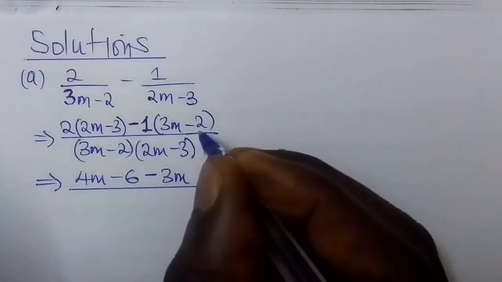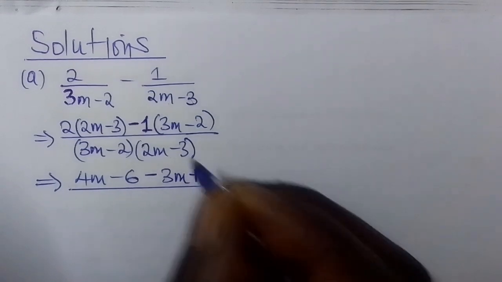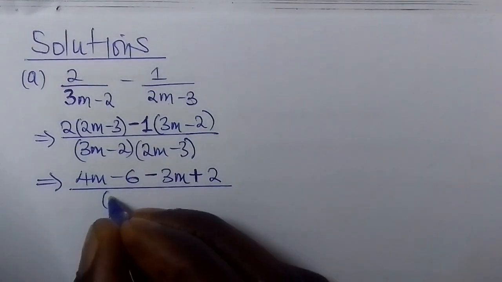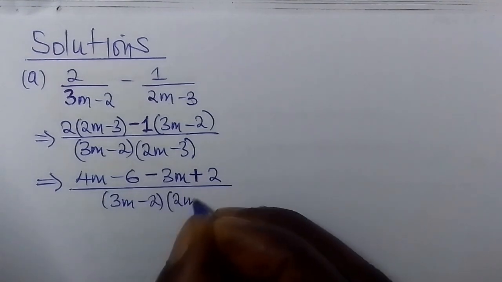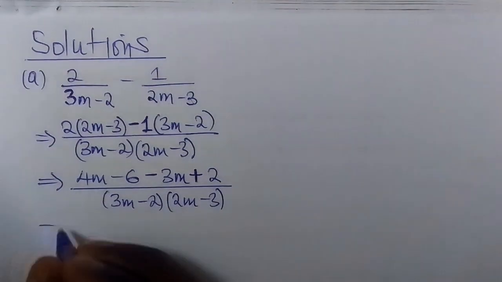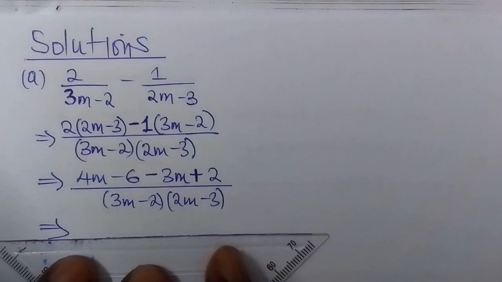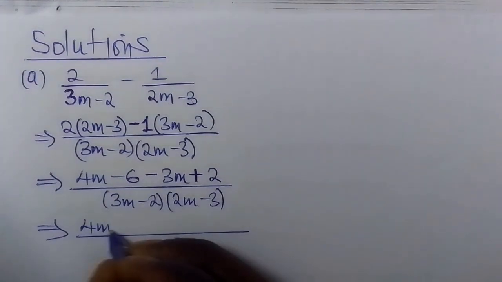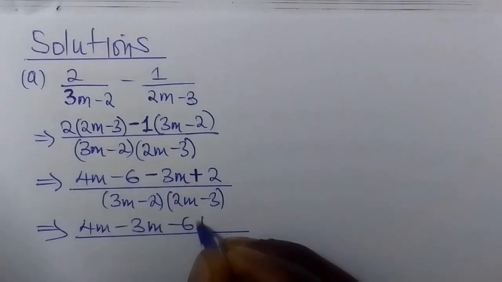Then negative 1 times negative 2, this gives positive 2. Then the denominator 3m minus 2, 2m minus 3. We collect like terms. Collecting like terms will give us 4m minus 3m, then negative 6 plus 2.